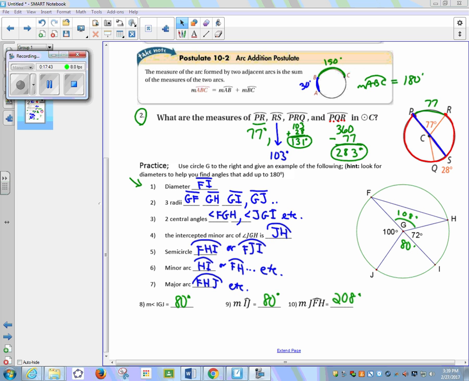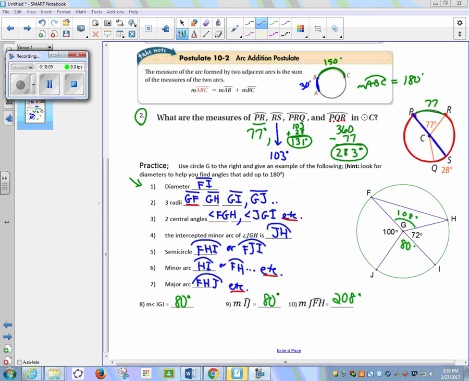Okay, so check out your answers and compare them. If there is an etc., that means there's really more than one answer, maybe lots of answers. Everything else is pretty much set the way the answer is written, except remember with segments, all of these could be the opposite way.